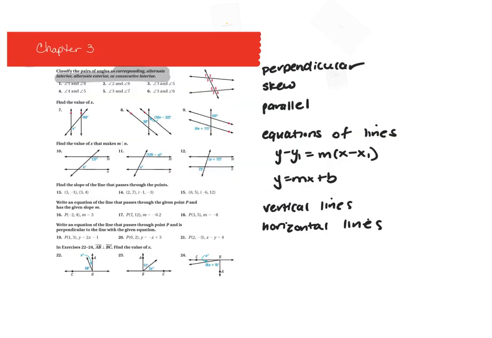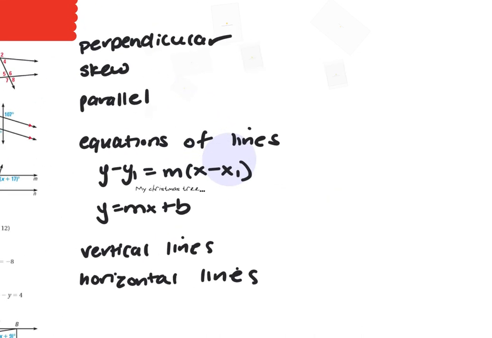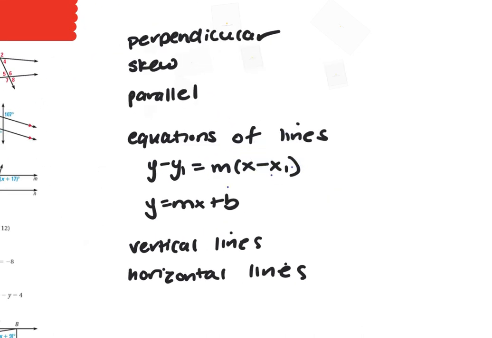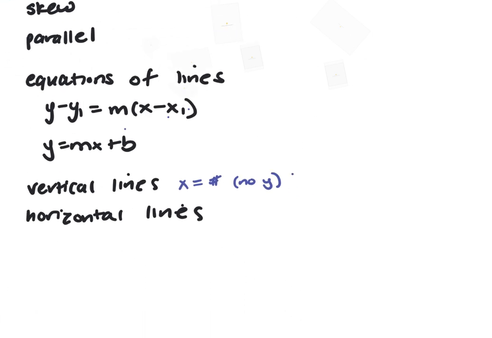All right, chapter 3 was our introduction into perpendicular, parallel, and skew lines. We brought back in slope and equations of lines, so you need to know y minus y1 equals m times x minus x1, and y equals mx plus b. You need to know that vertical lines were x equals a number, no y, and it would have undefined slope.